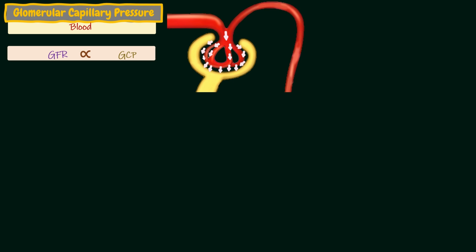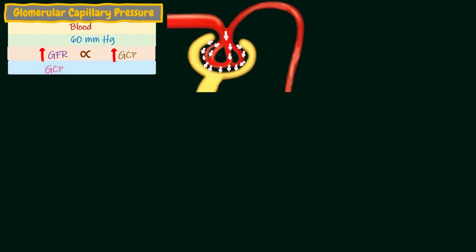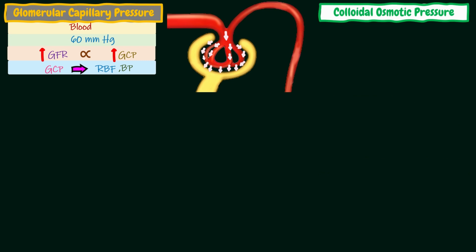Glomerular filtration rate is directly proportional to the glomerular capillary pressure. When glomerular capillary pressure increases, the glomerular filtration rate also increases. Normal glomerular capillary pressure is 60 mm of mercury. Capillary pressure, in turn, depends upon the renal blood flow and arterial blood pressure.